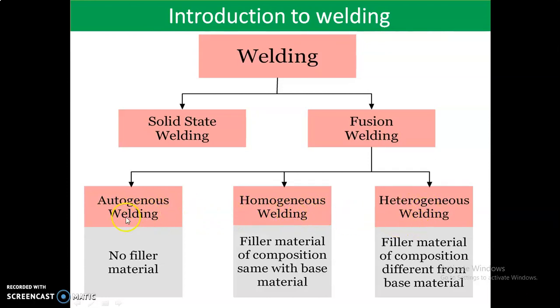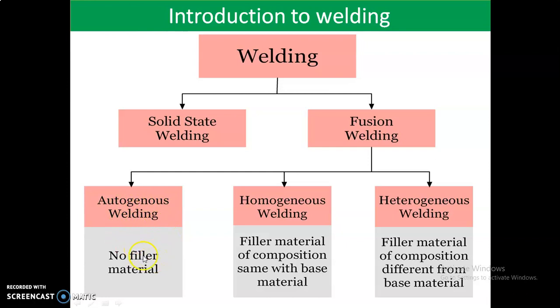Now let us see what each one is. When we are joining two similar metals without addition of filler metal, that process is called autogeneous welding process.